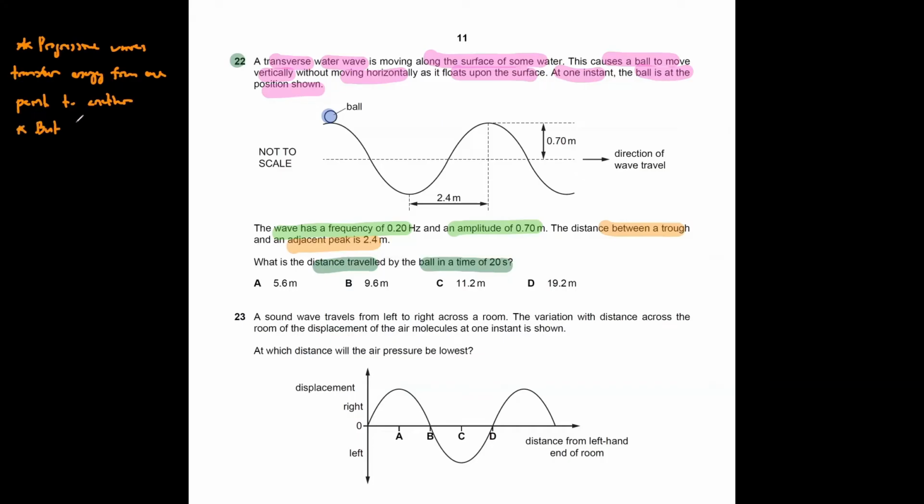But they do not transfer matter or mass from one point to another. While you can say progressive waves do transfer energy from one point to another, they do not transfer matter or mass.